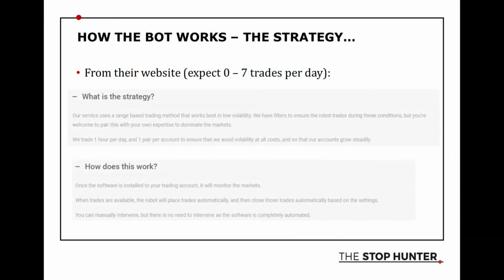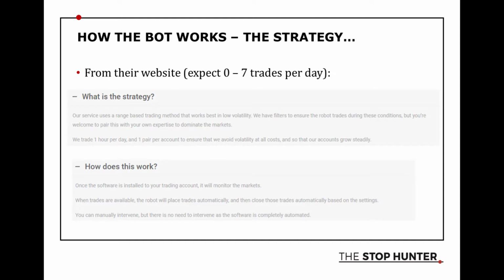Again, a lot of bots don't really tell you what they're doing, and just publish a nice big return number that sucks you in. Here they give a bit more information away, and from the website, the strategy detail there, not massive but enough to get us going. Expecting 0 to 7 trades per day, and it says their service uses a range-based trading method that works well in low volatility.